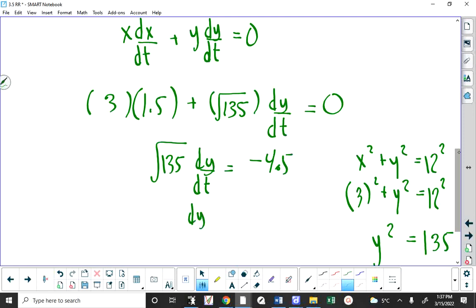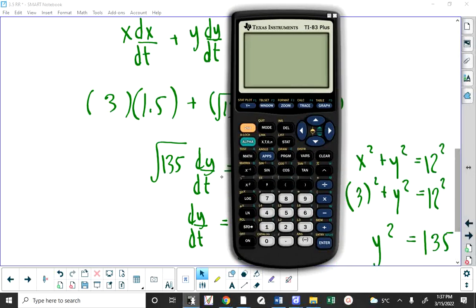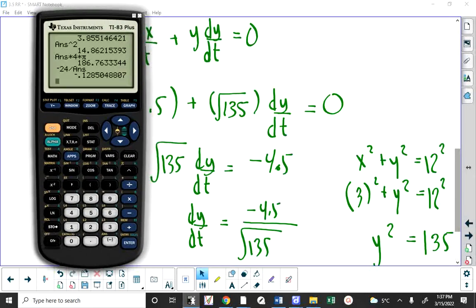So dy dt is negative 4.5 over root 135, whatever that is, 0.3 something probably.